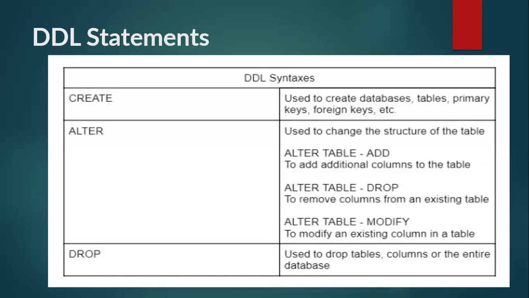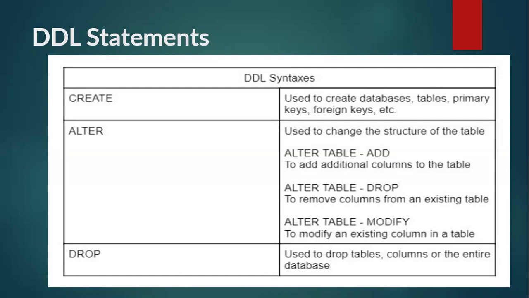So DDL: the purpose of using DDL commands in SQL is to define the database structure of the table, columns, all the keys, all the constraints. Using DDL commands, we can define the structure of our entire schema.